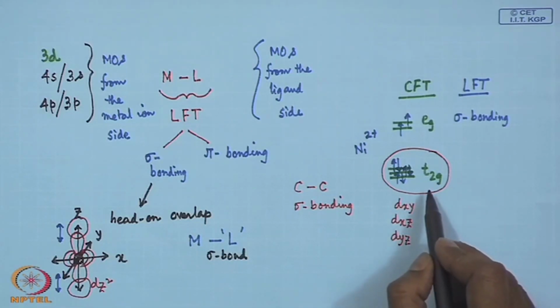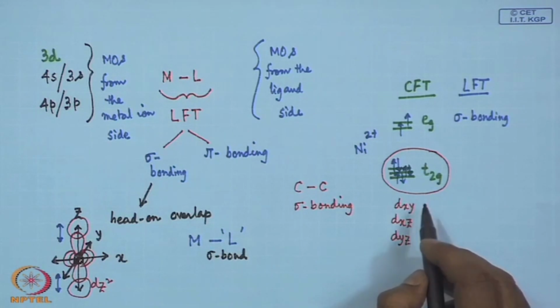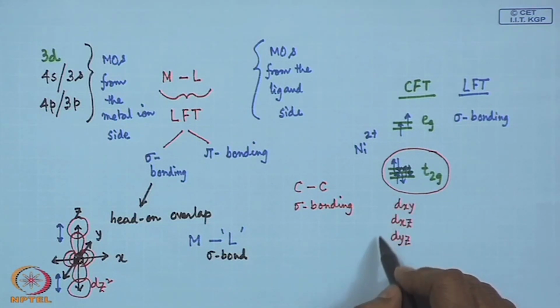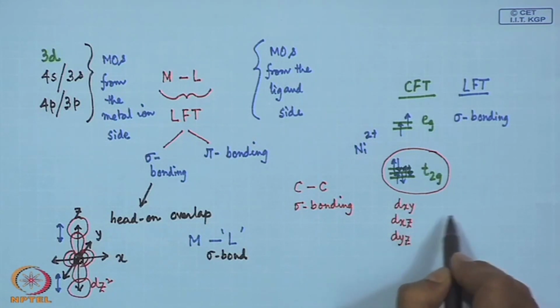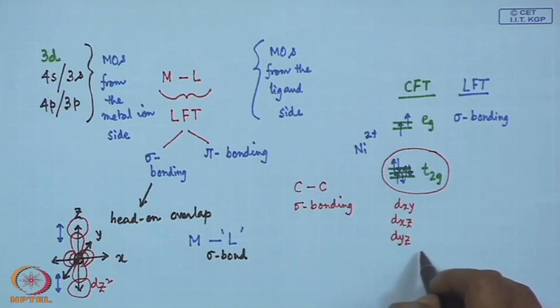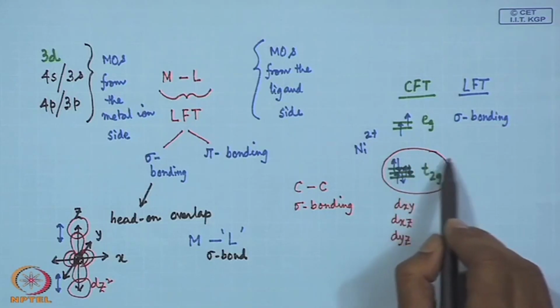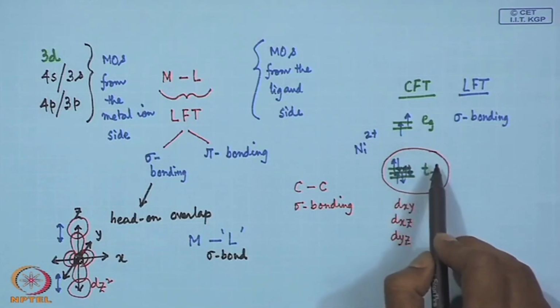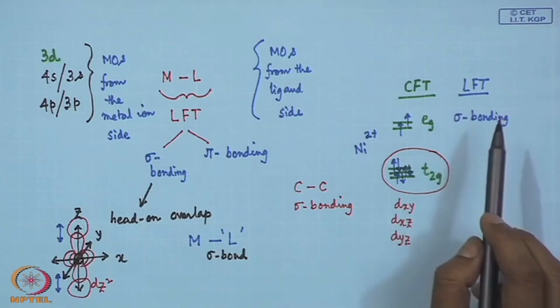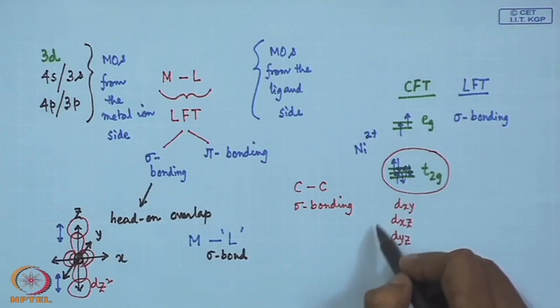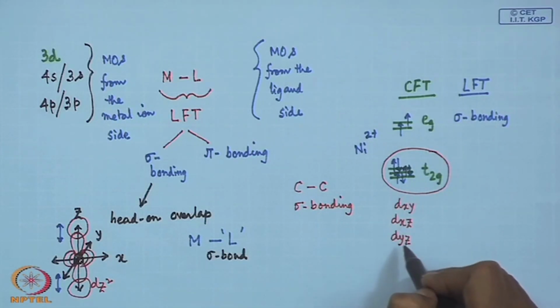Therefore, these t2g orbitals will not show any kind of sigma interaction with our ligand group orbitals or ligand SALCs. These orbitals will be there, but as we will find in the typical molecular orbital diagram for this ligand field, they will not show any bonding interaction with the available ligand orbitals.